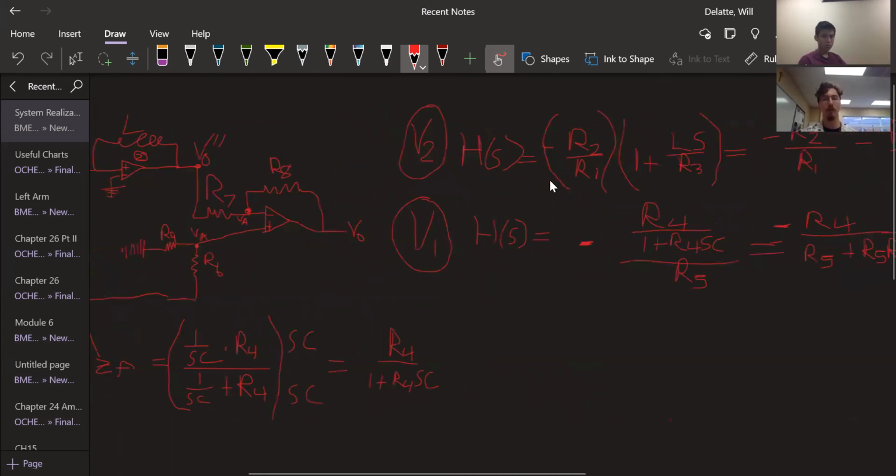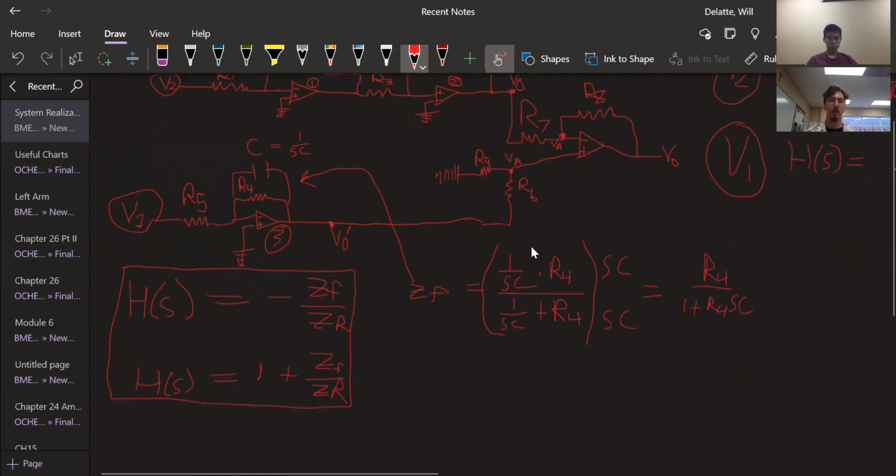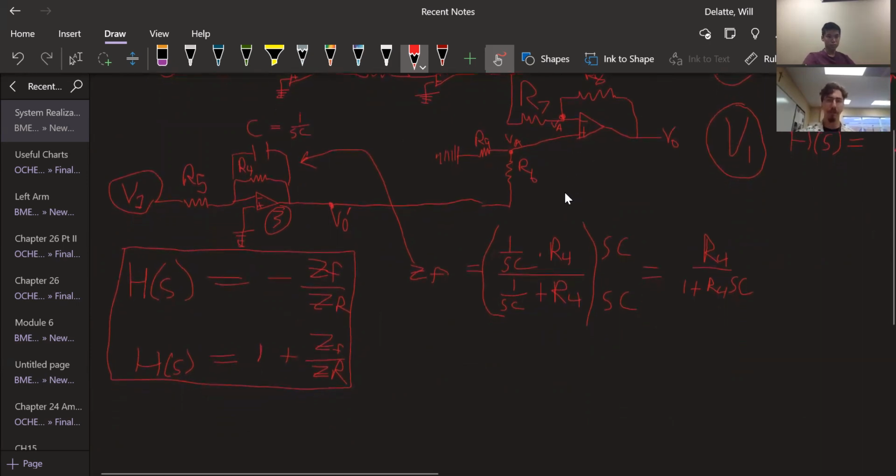But for now, we have our VAs. So we want our VA to be in terms of V out prime in this instance, because that will give us a direct relationship without having to worry about our final V out that we can plug into that final equation that will be ultimately rearranged.